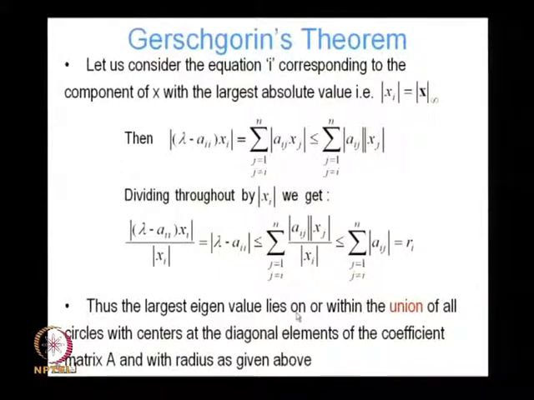Thus, the largest eigenvalue lies on or within the union of all circles with centers at the diagonal elements of the coefficient matrix A and with the radius as given above. This is slightly abstract, you have to use your imagination. Basically, we are looking for the row which has the largest entry in x. This is true, but we do not know a priori which row has the largest entry of x, because I do not know what my eigenvectors are.